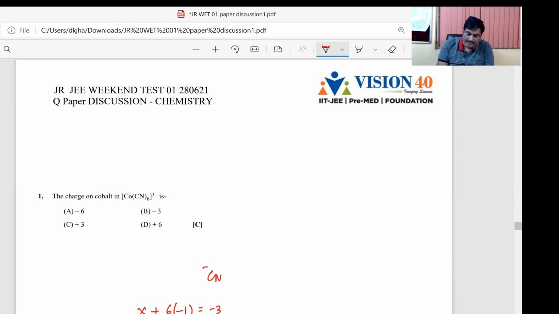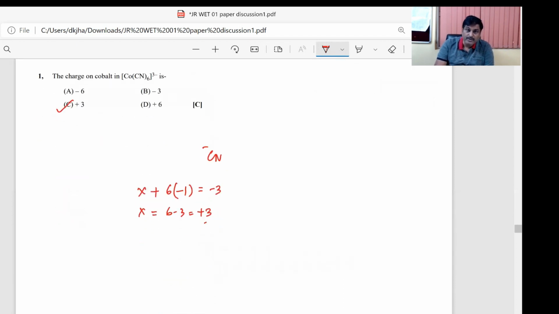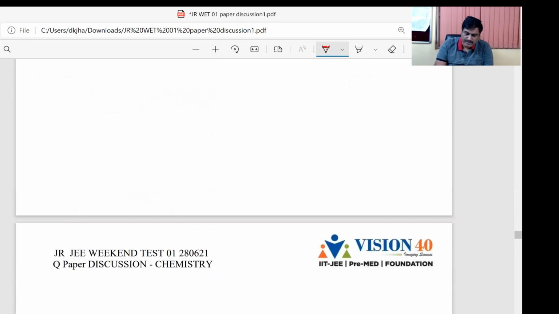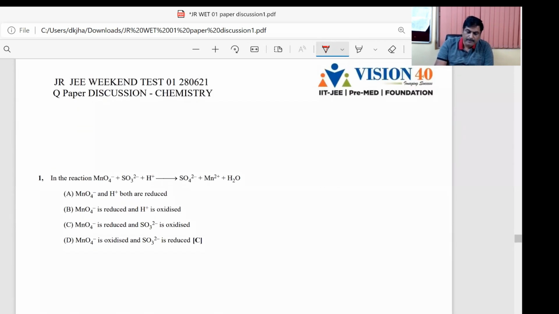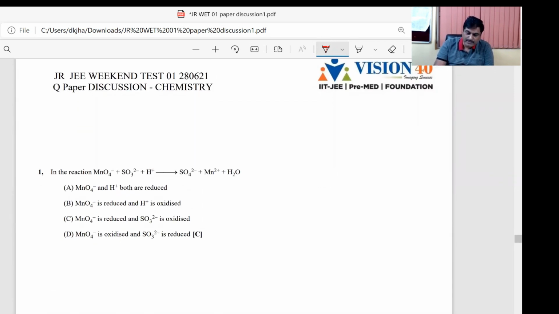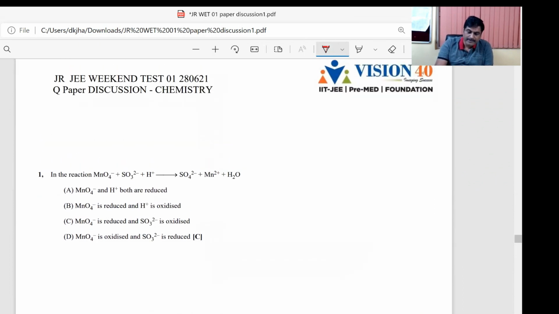So what you write here, X is equal to, this will go that side, 6 minus 3, is equal to +3. So +3 is the charge on this one. It is correct. It is a straight question. You can solve this one very easily. Verbally you can solve. Okay, fine.